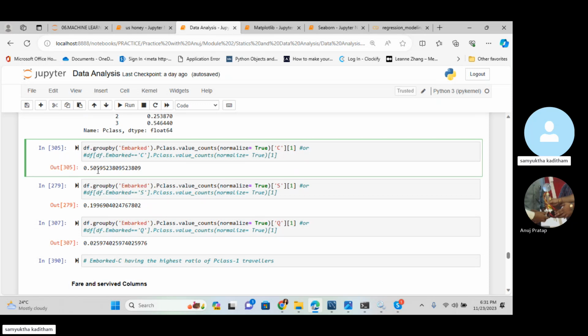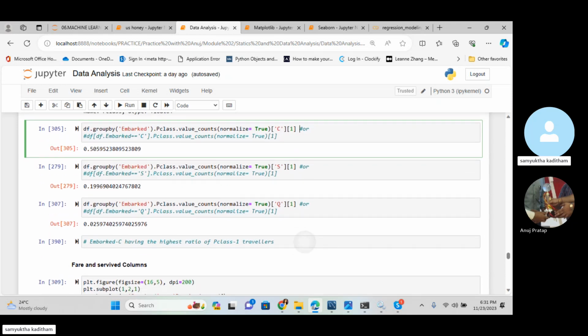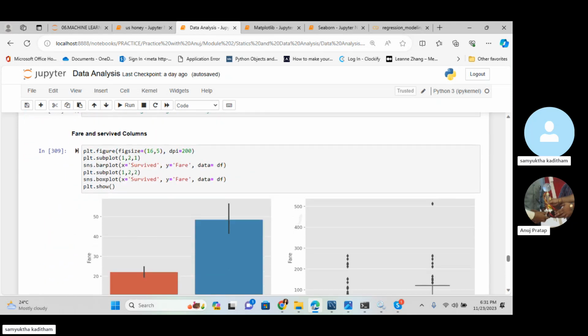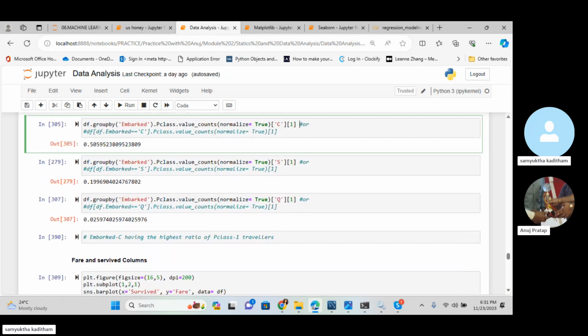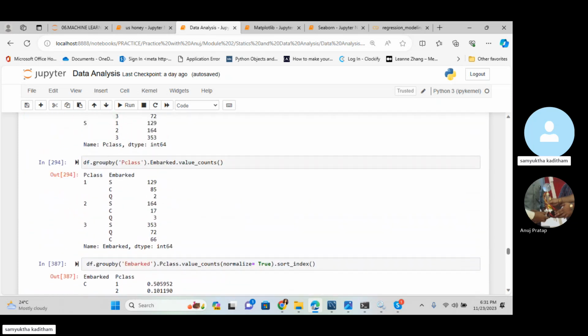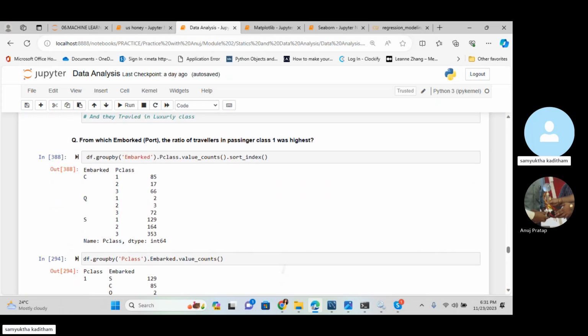They are 50% here, 19% here, and only 2.5% here. So embarked C has the most people with first class. It's a little tricky. Actually, I was confused with this question.